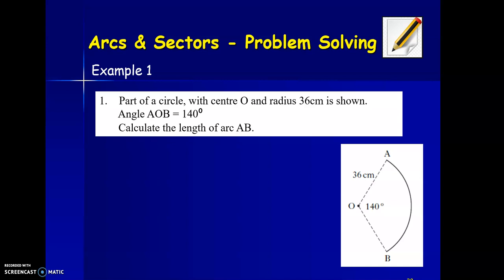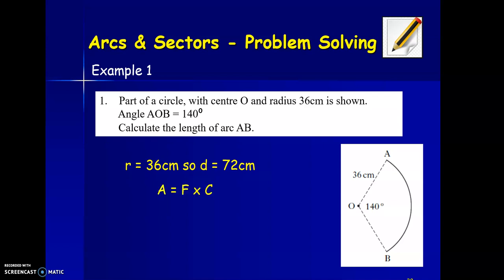Here we have part of a circle with centre O and radius 36 centimetres as shown in the diagram. The angle at the centre, AOB, is 140 degrees. We've been asked to calculate the length of the arc, AB. So, first of all, the radius is 36 centimetres, so the diameter is double that, so it's 72 centimetres.